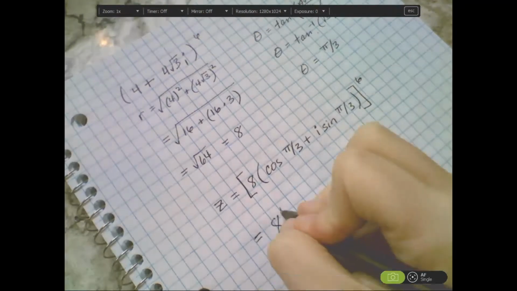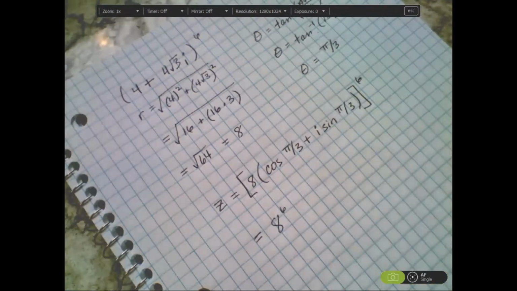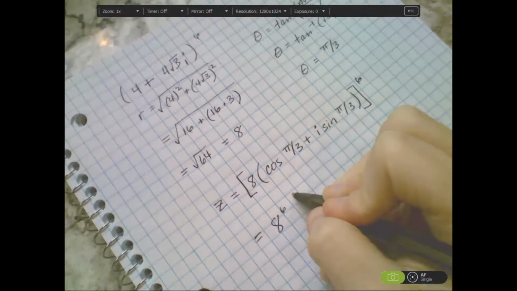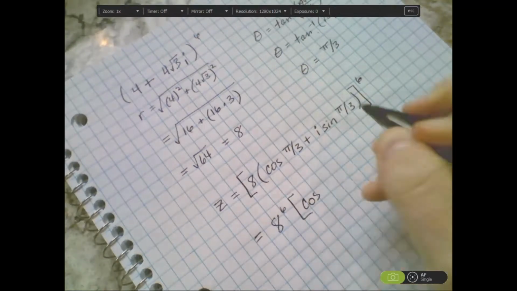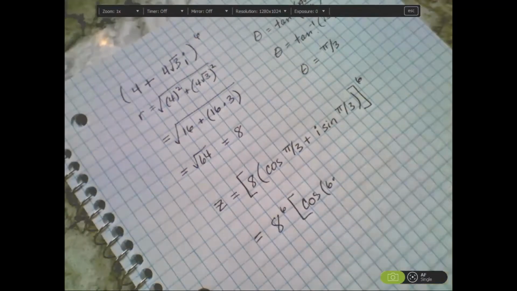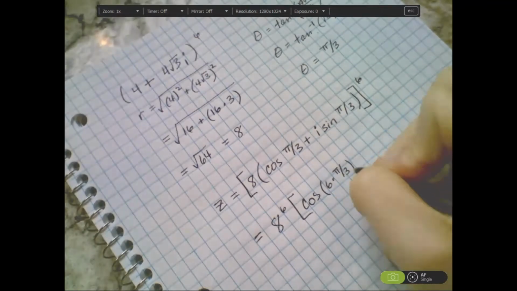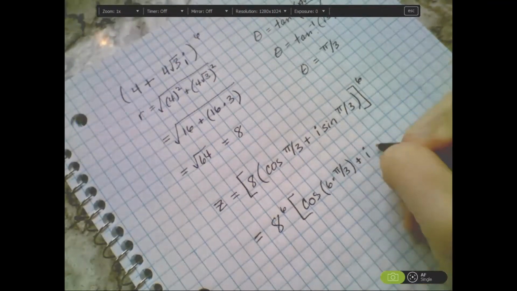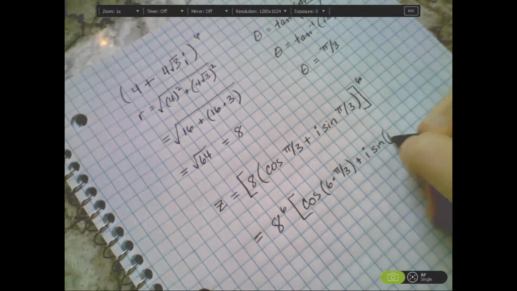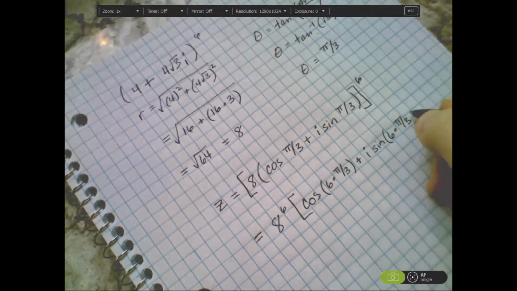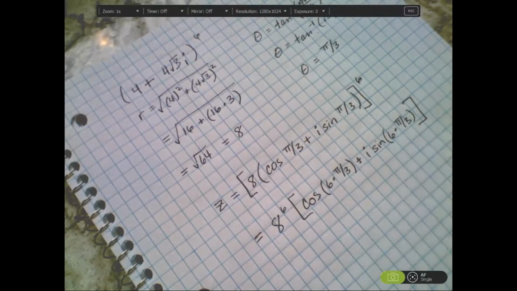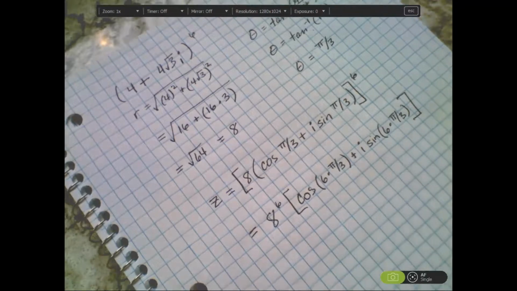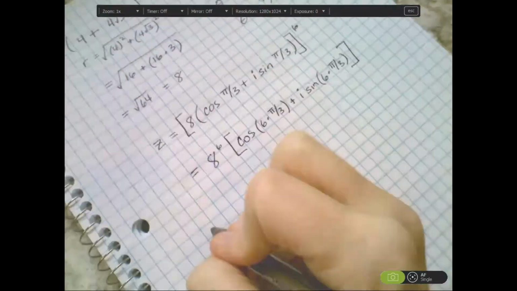So that means I'm going to have 8 to the 6th. Then I'm going to have to multiply 6 pi over 3. Same thing with this, 6 times pi over 3. 8 to the 6th power, pretty big number.